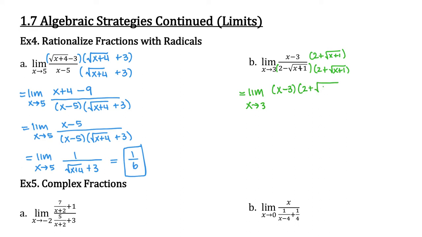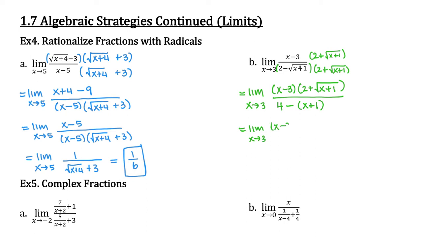I am going to distribute the denominator because it's the difference of squares. 2 times 2 is 4, minus, if I do root x plus 1 times root x plus 1, I get x plus 1, but it is in parentheses, so be really careful with that. Okay, let me simplify this.